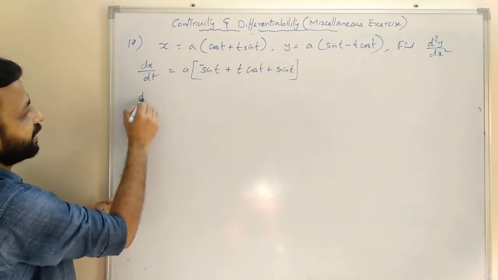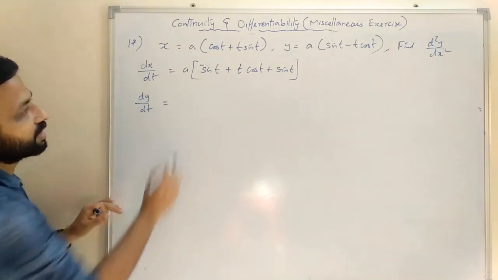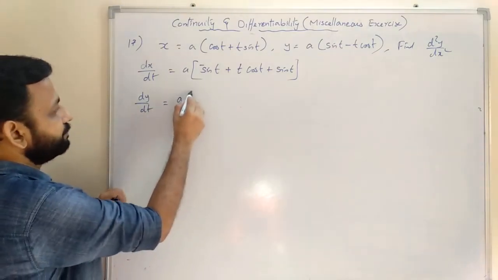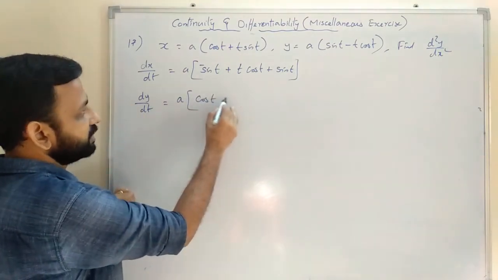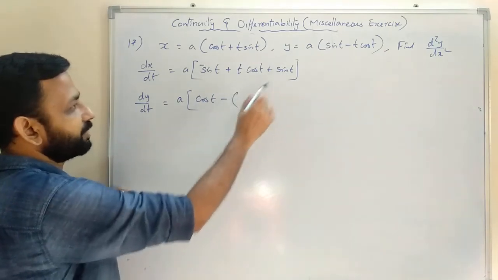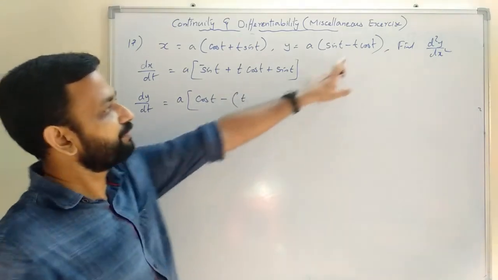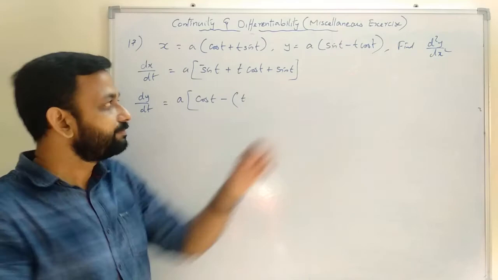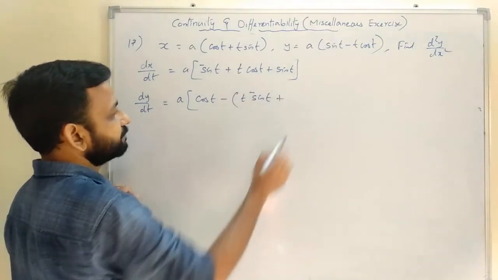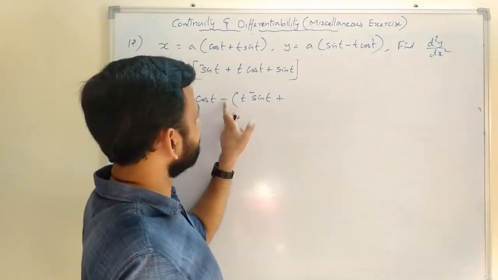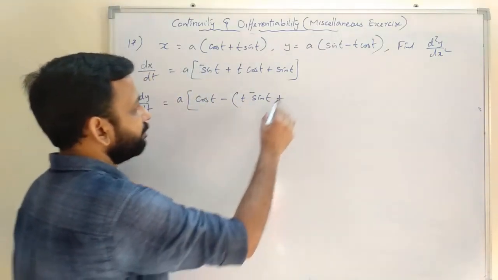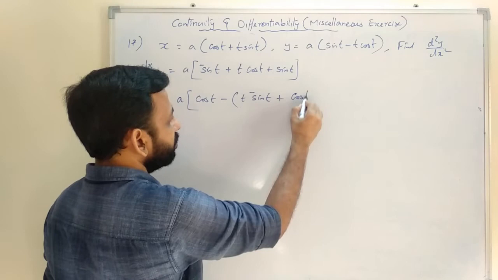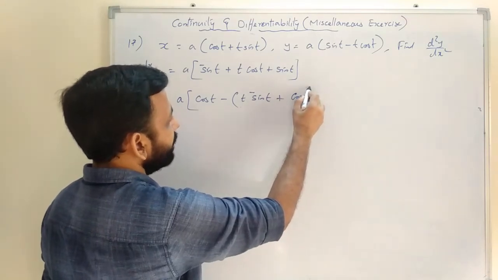Then we can find dy by dt. That is a into derivative of sin t, that is cos t, minus, again we will apply product rule, t into derivative of cos t, minus sin t, plus cos t. Then close the bracket.